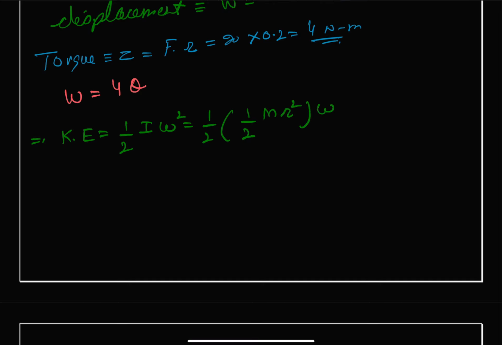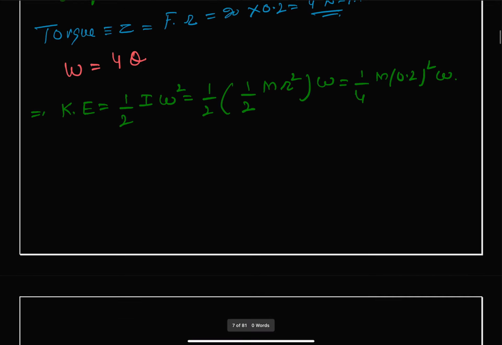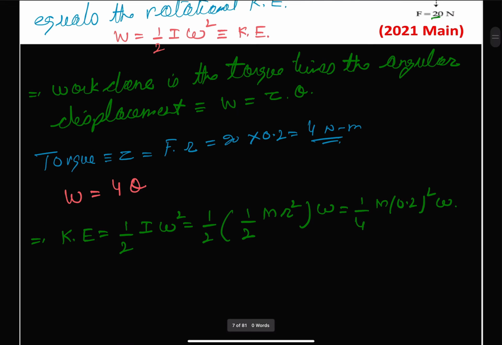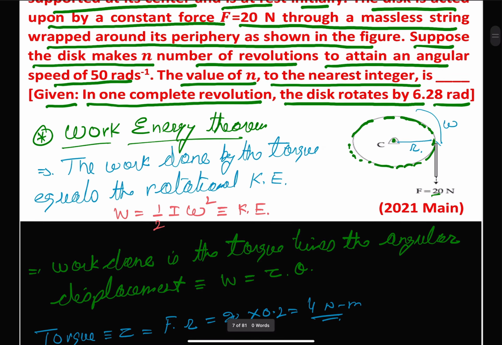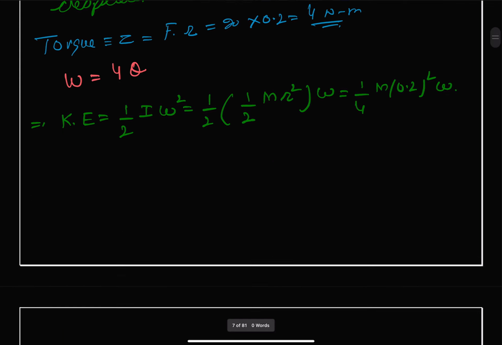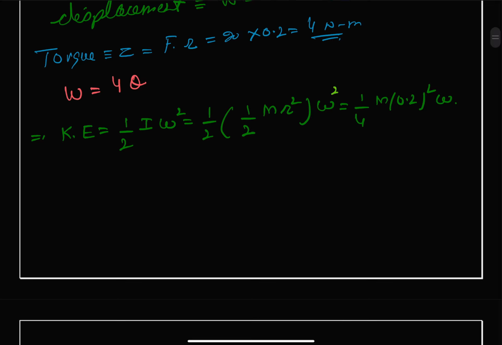And radius we already know, so this comes as 1 by 4 m, 0.2 whole square, and omega is also given to us, that is our 50 radian per second. Okay, and it is omega square. So let me substitute it here. This comes as our 50 whole square.